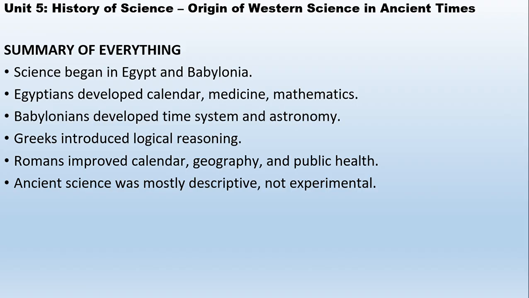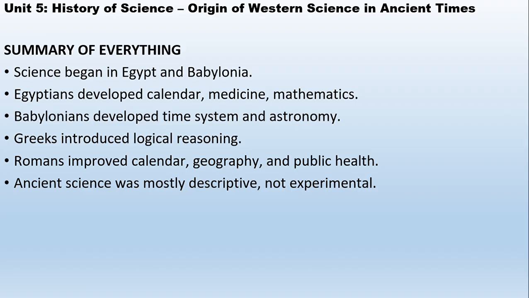Science began in Egypt and Babylonia. Babylonia is presently called Iraq, not Iran, Iraq. The Egyptians contributed to the calendar, medicine and mathematics. They developed the calendar and studied the River Nile.